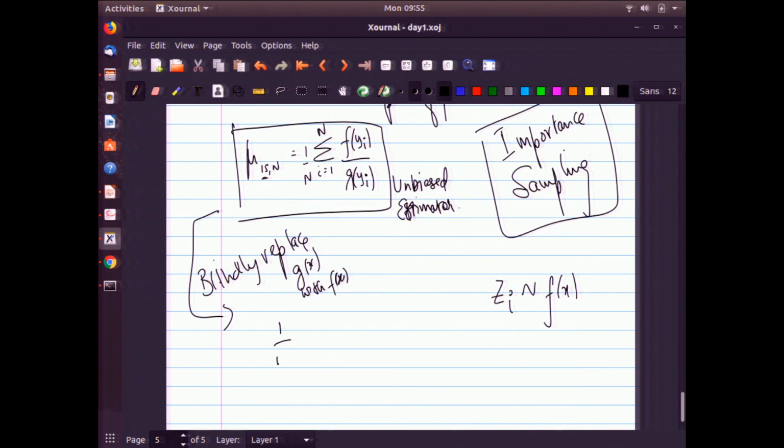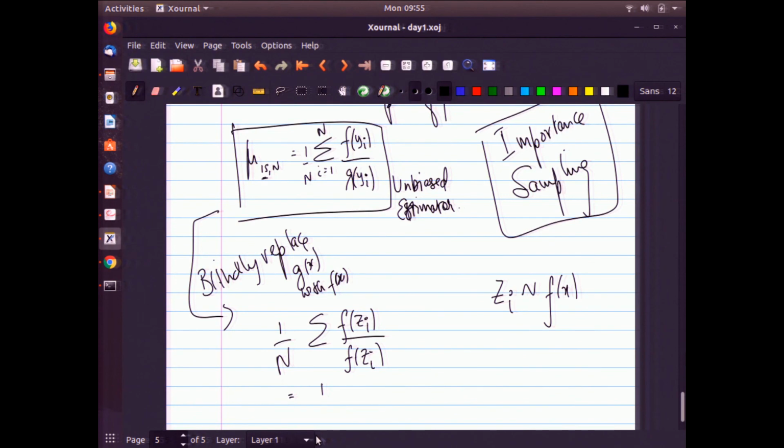You get 1 over n, summation again, f of zi, because that's the new variable, divided by f of zi, because we have drawn directly from f, so g is f. And then it's interesting because we get back, that's a bit strange, right? Why is that the case?